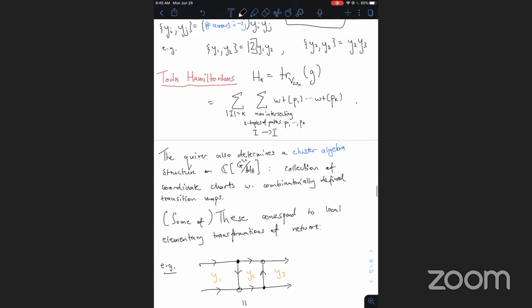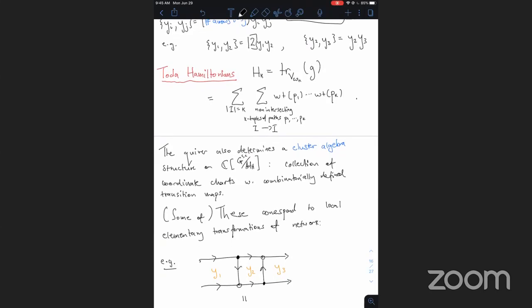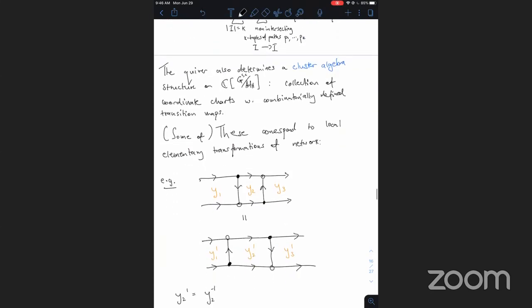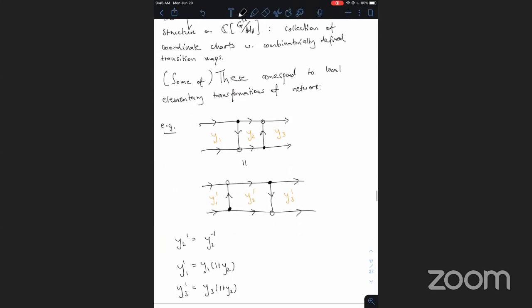Okay, and some of these charts, not all of them, but a tractable family of them, correspond to certain elementary local transformations of the network. So let me just illustrate one such local transformation, which is probably pretty familiar to you guys. Imagine we see a piece of network that looks the following way.